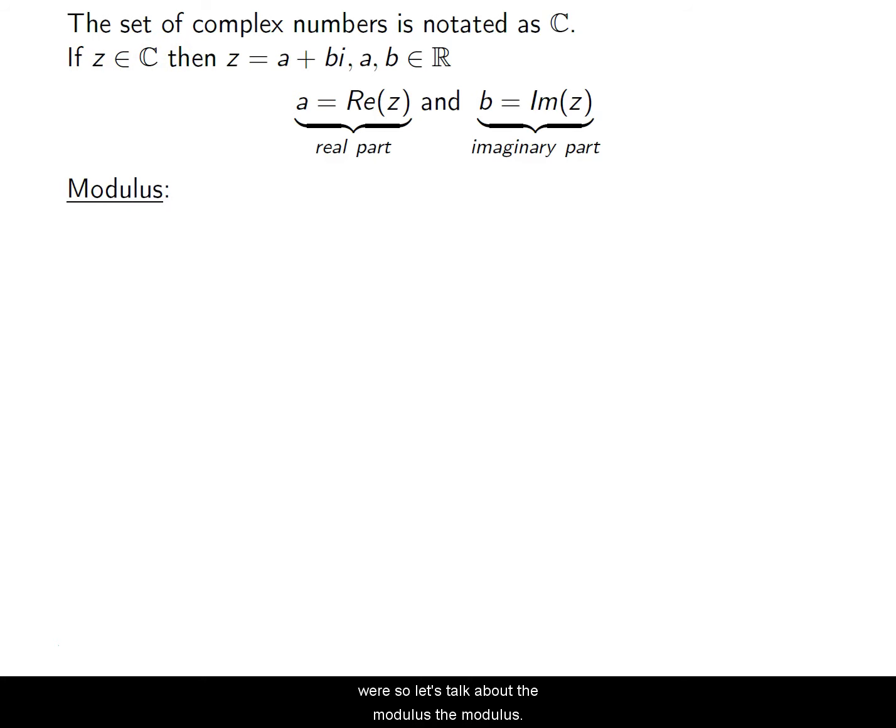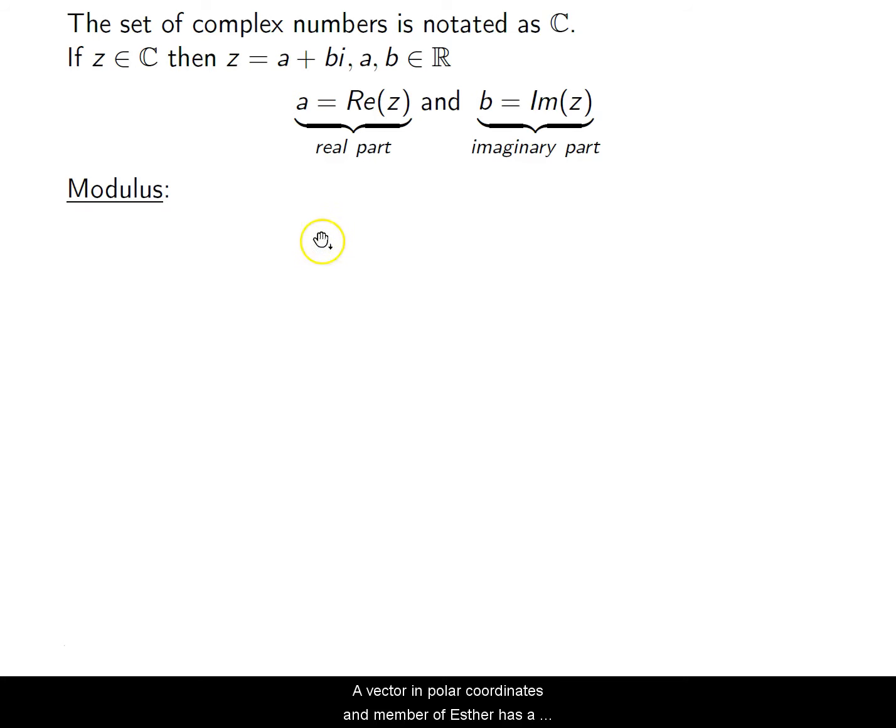So let's talk about the modulus. Okay, the modulus comes from the trig form of our complex numbers. Okay, so we're going to talk about graphing these in the complex number system. Basically, when we think about a complex number, we think about it as a vector in polar coordinates.